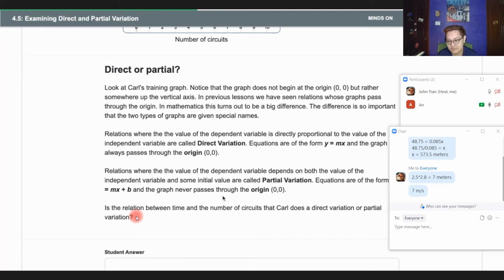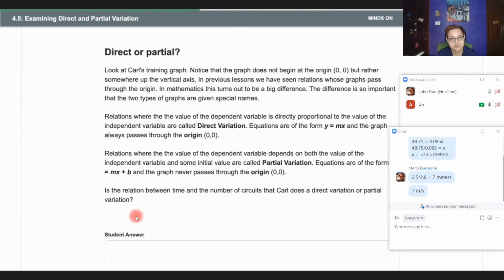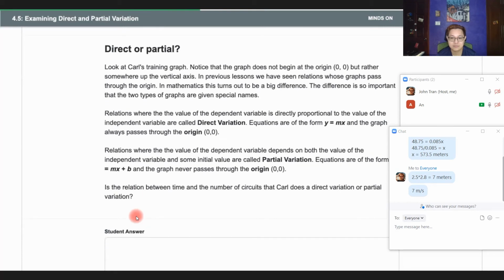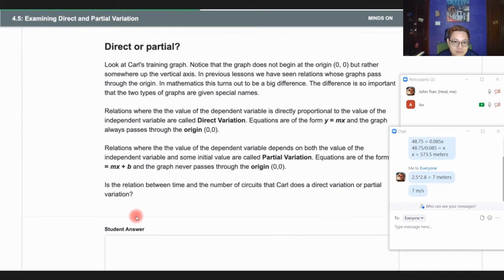And the graph never passes through the origin. Is the relation between time and the number of circuits called a direct variation or partial variation?